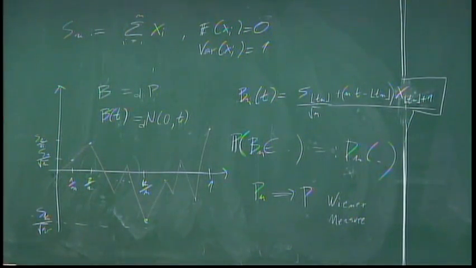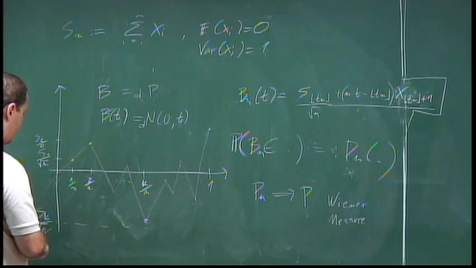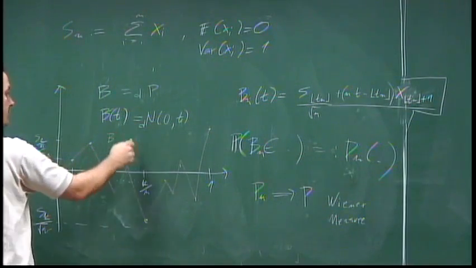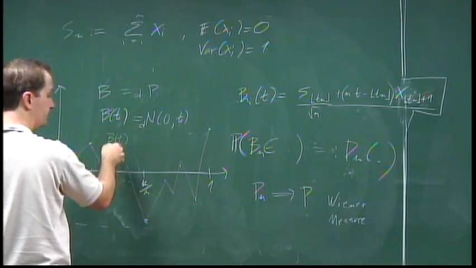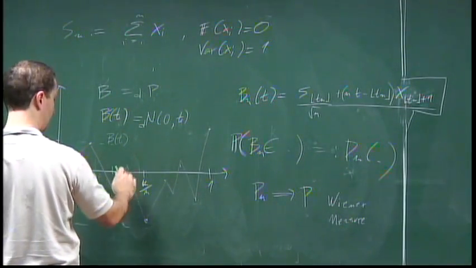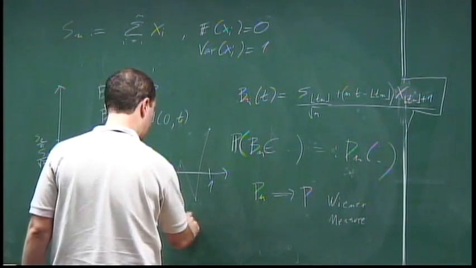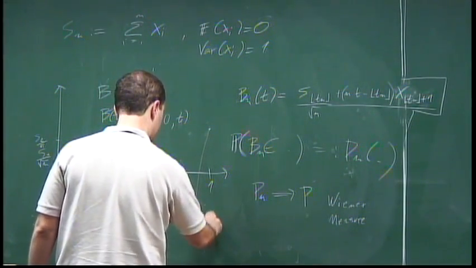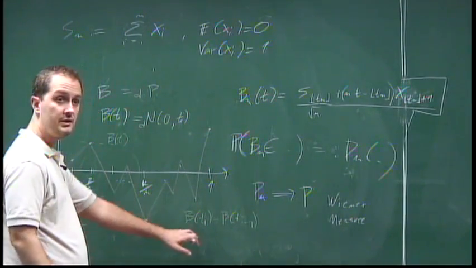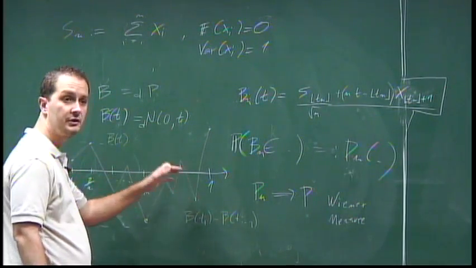But you have an extra property, and these two properties actually define the process. If you look at increments of the process over disjoint intervals, these increments are normal random variables and they're independent from each other.